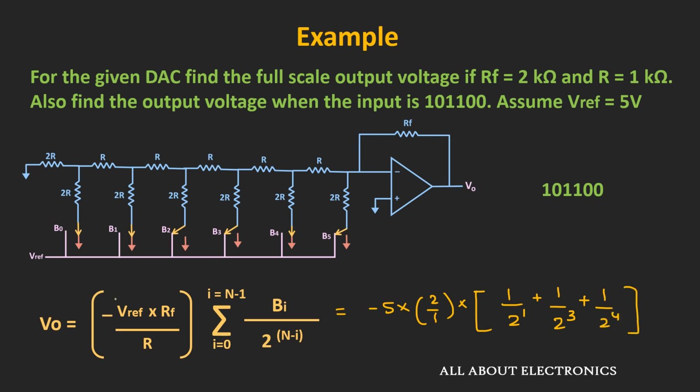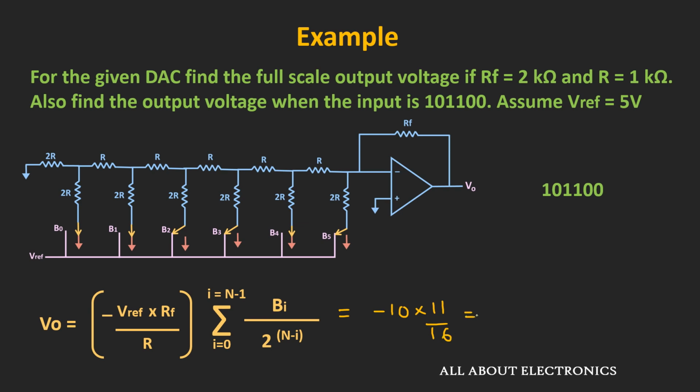So using this expression and considering these 3 bits as 1, we can write this expression. And if we simplify it, then that is equal to minus 10 times 11 divided by 16, that is equal to minus 6.875 volt. So in this way, if we are given the binary code, then we can find the output voltage for this given DAC.